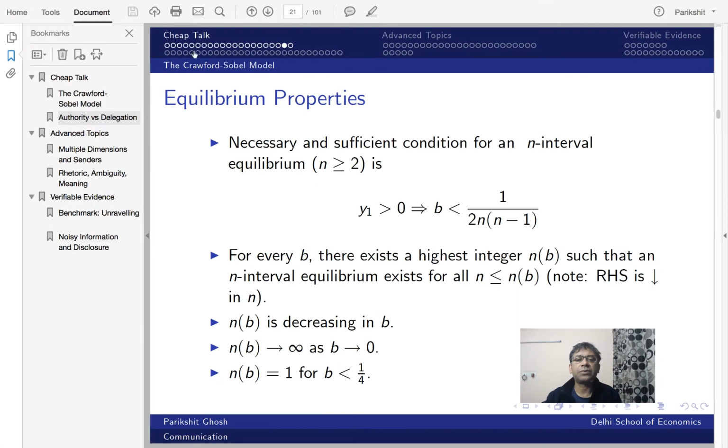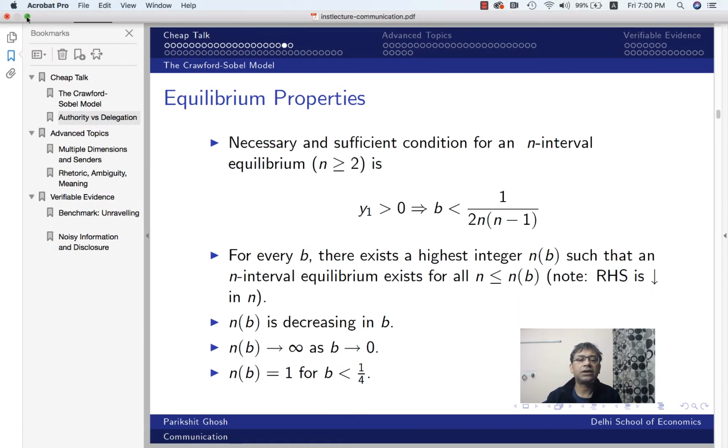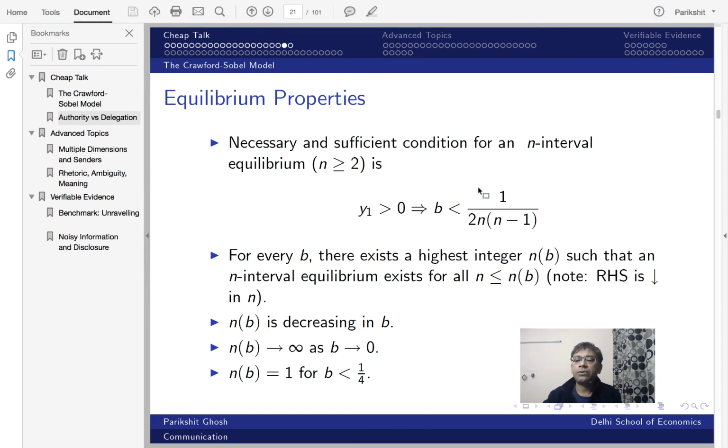So let's sum up what we have found. If you fix the value of b, the bias, then clearly there's a largest n that will permit us to construct an equilibrium of that many intervals. Because notice that as you increase n, the right-hand side is getting larger and larger.